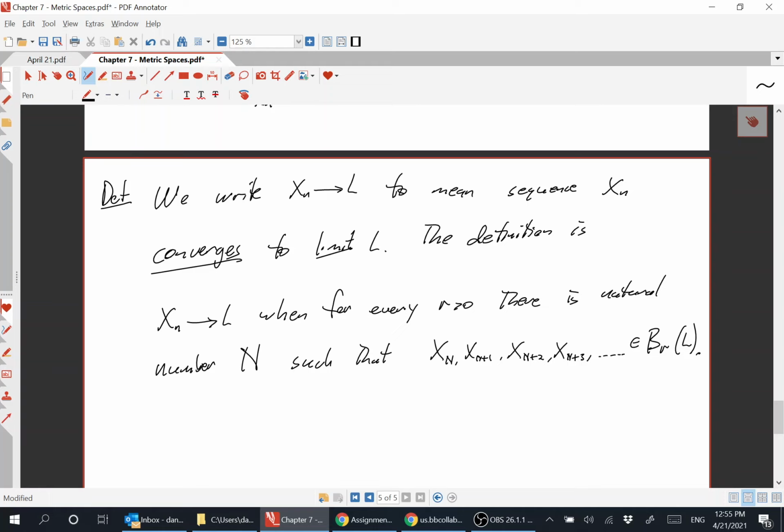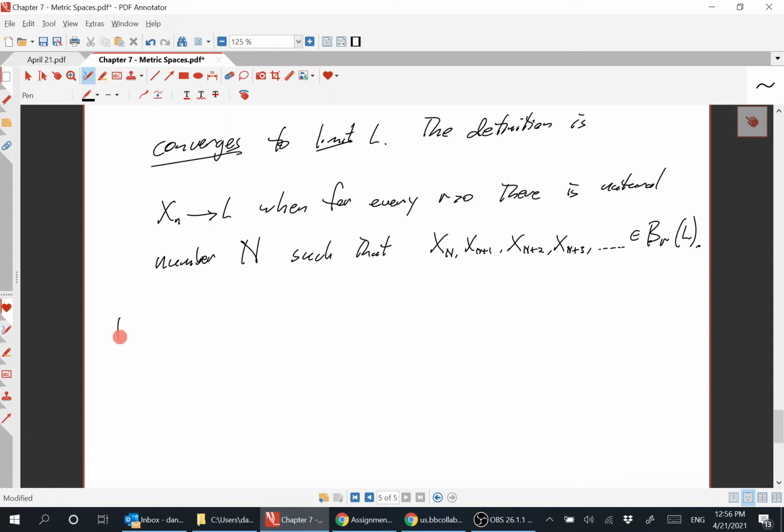The elements of the sequence get closer and closer to L and don't go away. Closer means as close as you want. So for every measure of closeness, for every real number r bigger than 0, no matter how tiny, at some point the sequence gets stuck in the ball around L.